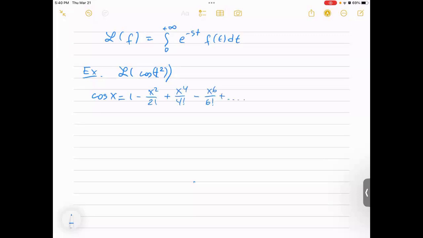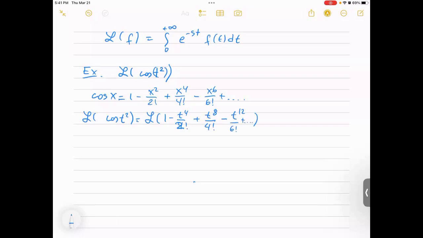So instead of calculating the Laplace transform of cosine of t squared, we're going to calculate the Laplace transform of its power representation, 1 minus t to the 4 over 2 factorial plus t to the 8 over 4 factorial minus t to the 12 over 6 factorial, and so on.